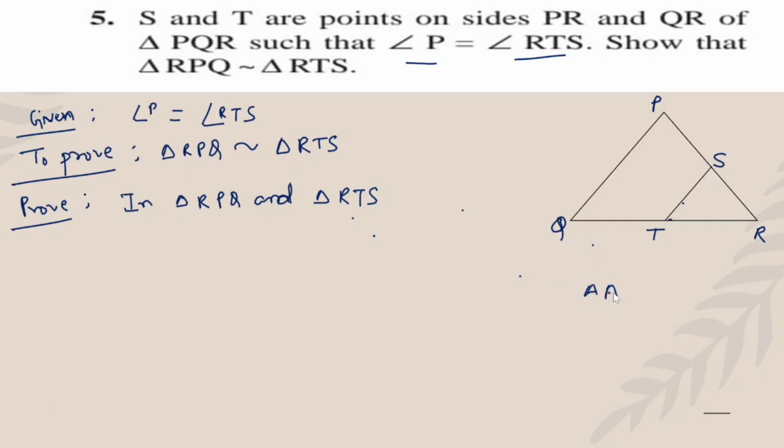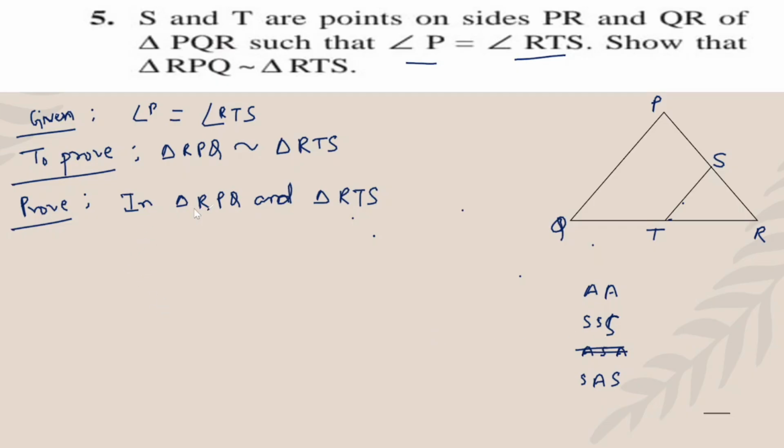First is the AA criteria, then SAS, SSS. AA means when two angles are equal. SSS means when the ratio of the sides are equal, and SAS means two sides are in ratio and the included angle is equal.